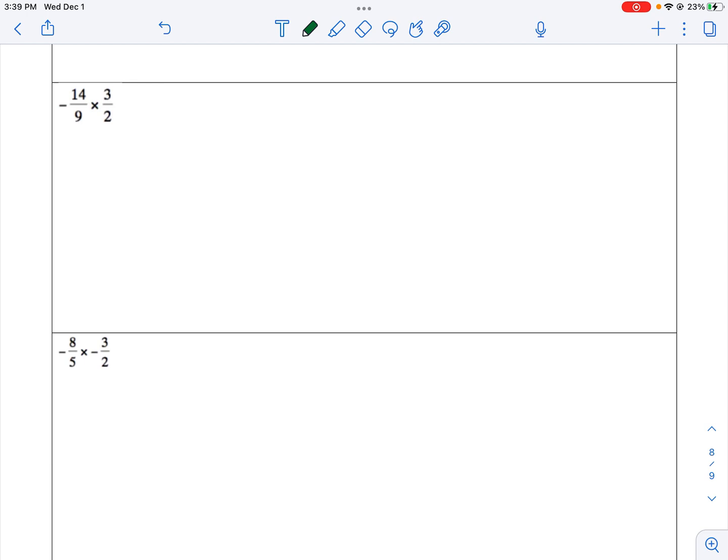When multiplying fractions, we go straight across. Whenever you see a negative in front of a fraction like this, just put it with the numerator. So really you can say negative 14 over 9 times 3 over 2, and we multiply straight across. So negative 14 times 3 gives me negative 42.